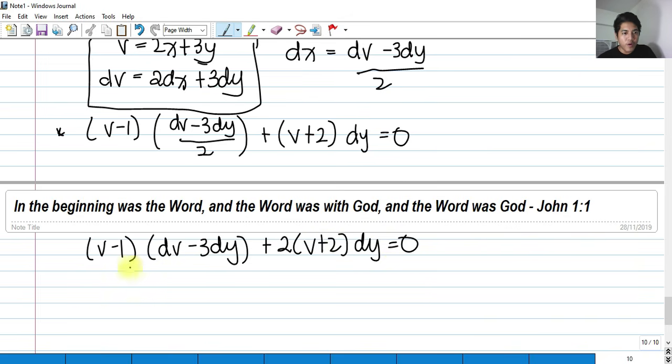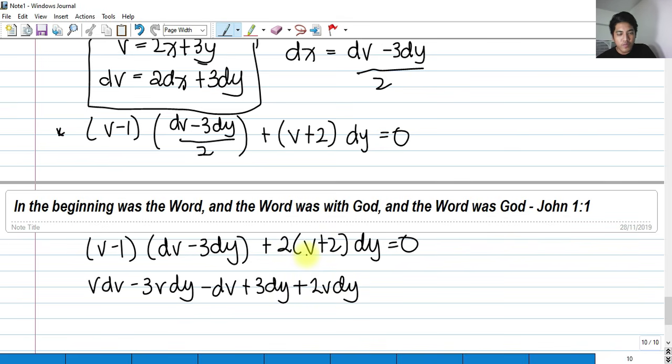If we perform FOIL, we have v dv, that's first, outer, negative 3v dy, inner, negative dv, and last, plus 3 dy. And here we have 2v times dy, that's 2v dy, 2 times 2 is 4, plus 4 dy is equal to 0.